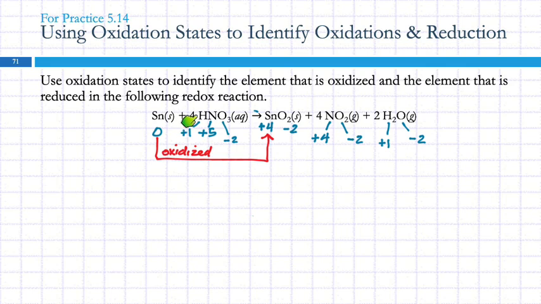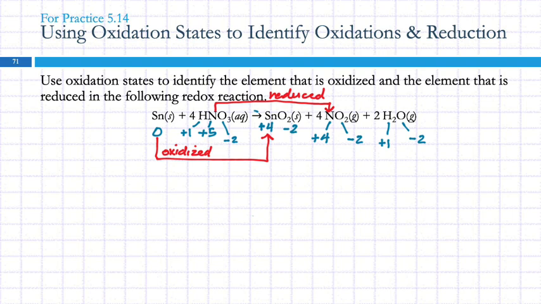Let's look at hydrogen. Here hydrogen's +1, and here it's still +1, nothing happened. Here's nitrogen. Here it's +5, over here it's +4. So that's a change. Is that oxidation or reduction? It's reduction because it went down, it reduced. The oxidation state was reduced.